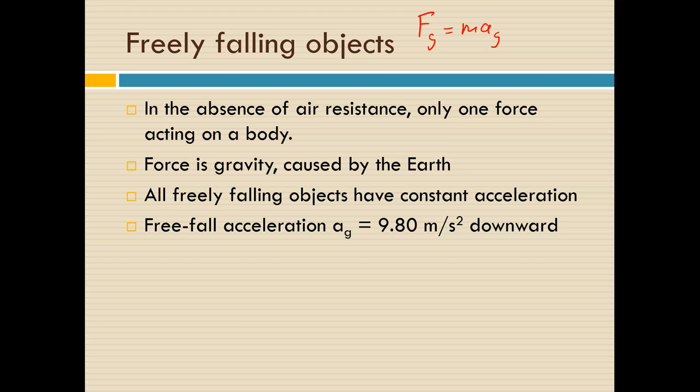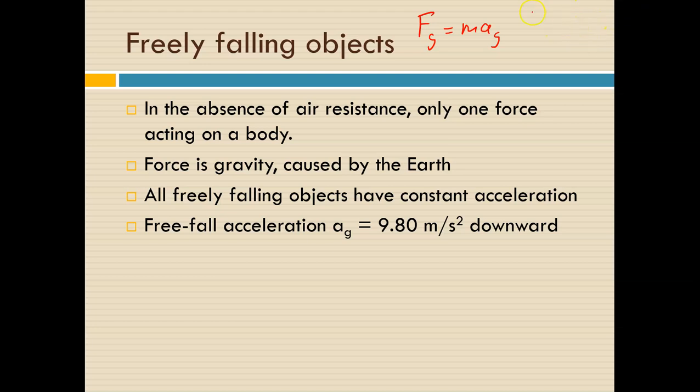The acceleration stays the same, so what has to change then? The force. The force has to change. So if I double the mass, what happens to the force? Nope. Look at the equation. If I double the mass and the acceleration is constant, then the force has to double as well.